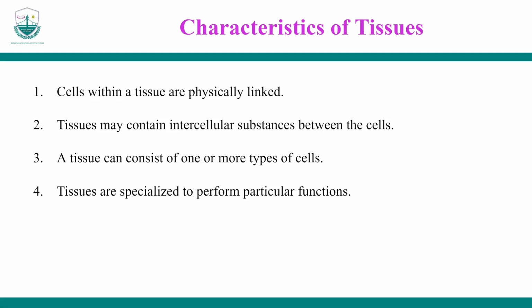So the tissues are composed of cells that are similar, and that means that these cells have to be connected to one another. This is basically to emphasize the fact that they should be linked. There should be a mechanism in which the cells can communicate with one another, such that they can perform the same function.